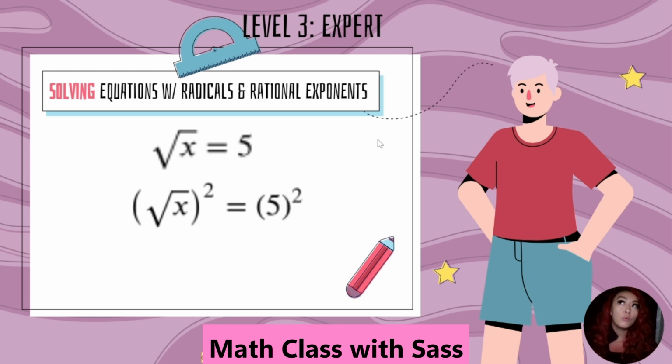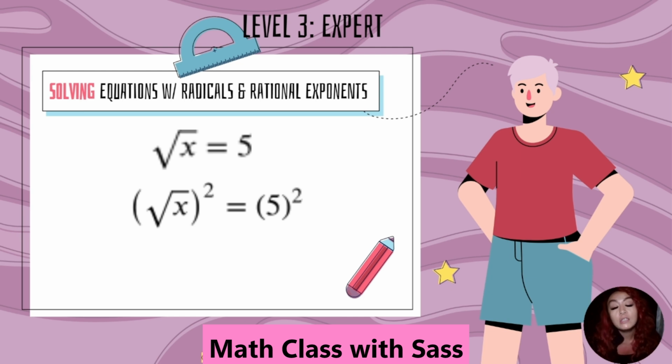So really what we're doing, and I only mention this because it's going to come up a little bit later in a future example, remember, the square root of x is x to the 1/2 power.